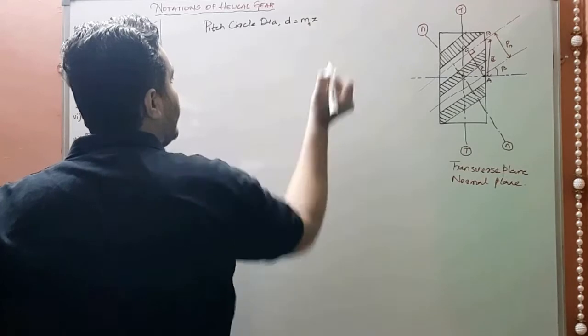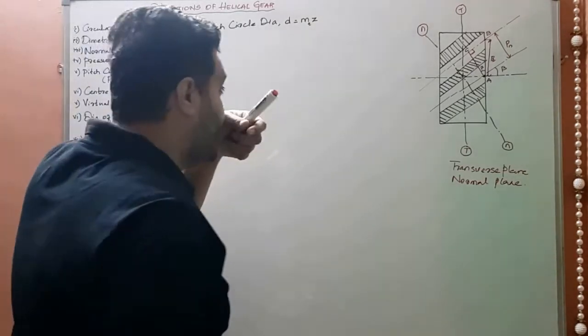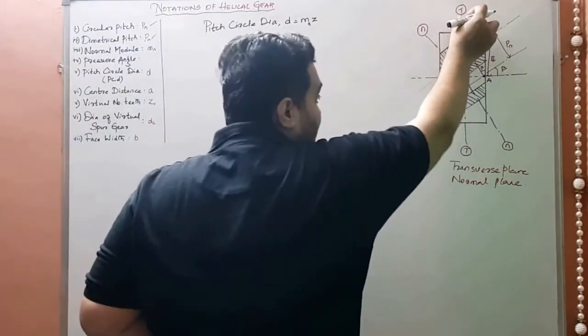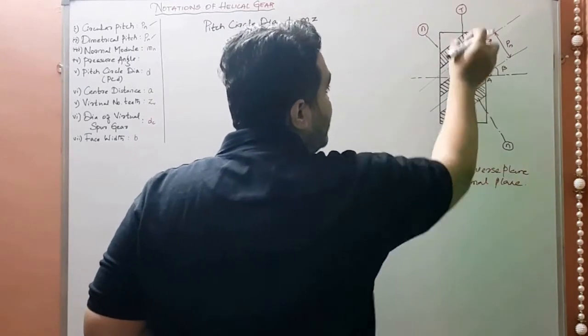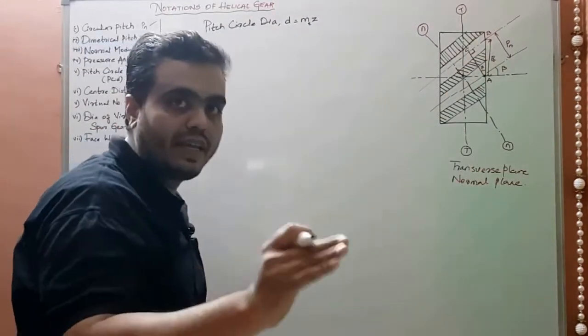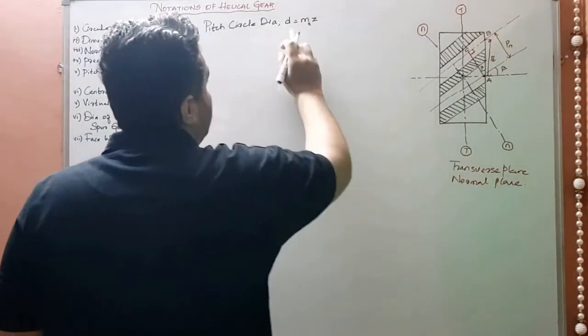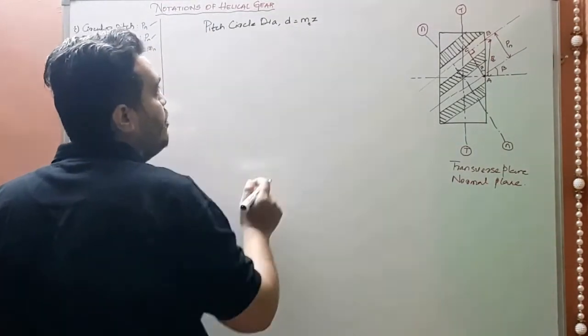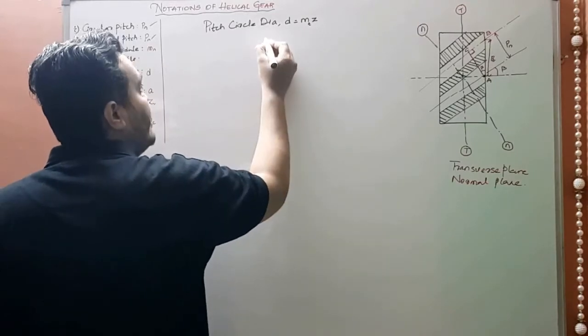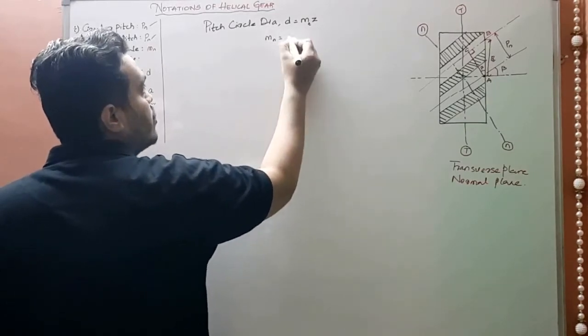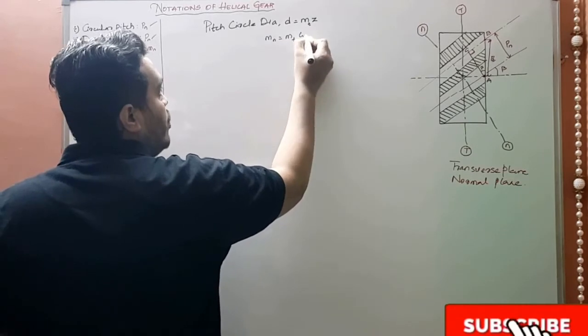M is nothing but mt. That is the transverse plane. Here, transverse plane I am going to consider with respect to spur gear, same as what we have considered for spur gear, right? So we have D is equal to mt into z. What is mt here? We have mn is equal to mt cos beta.